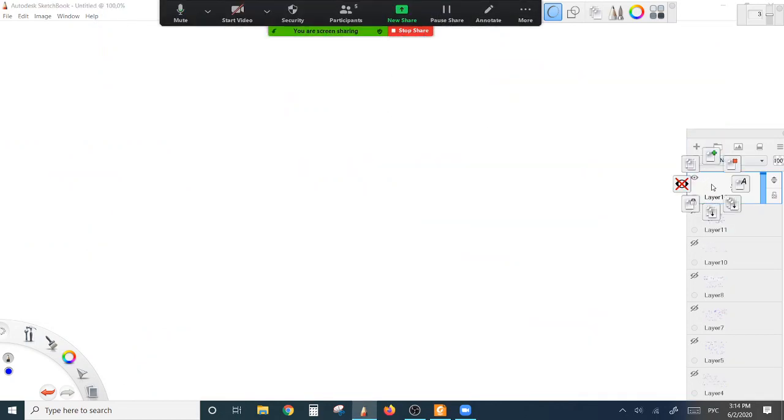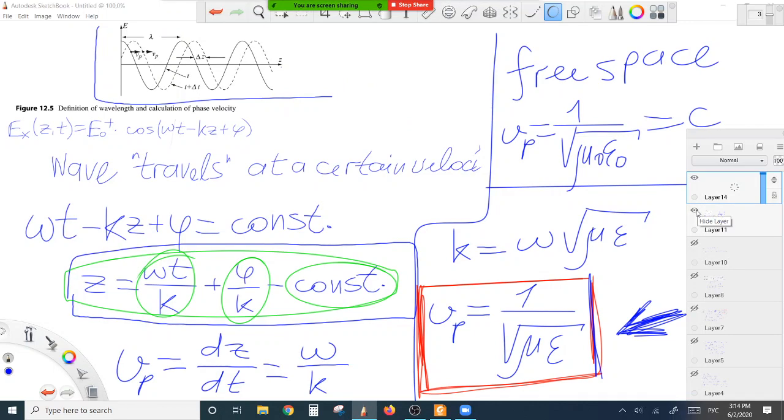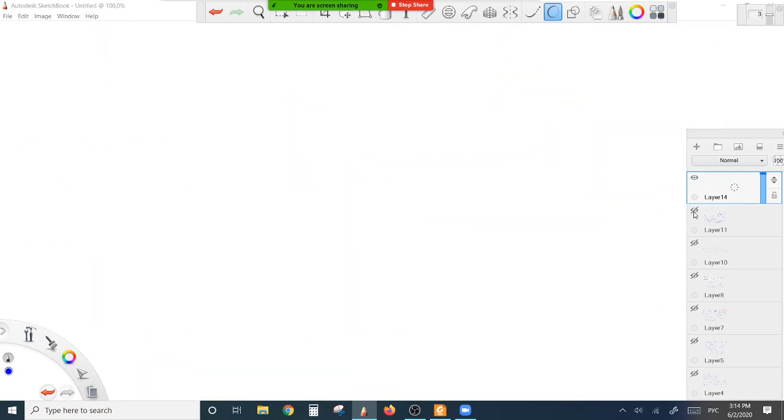We defined it for free space, which is c. So the phase velocity of electromagnetic waves in free space is equal to the speed of light in free space.